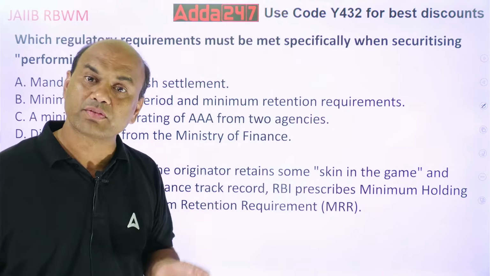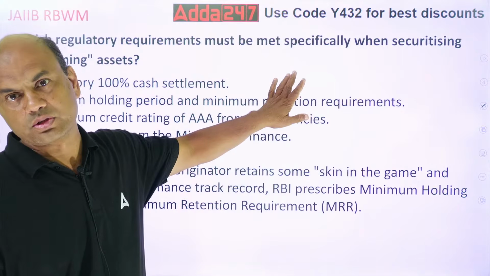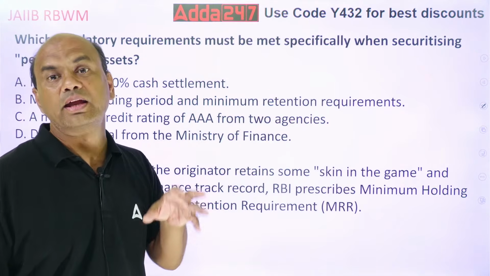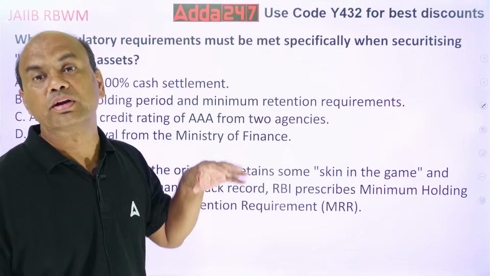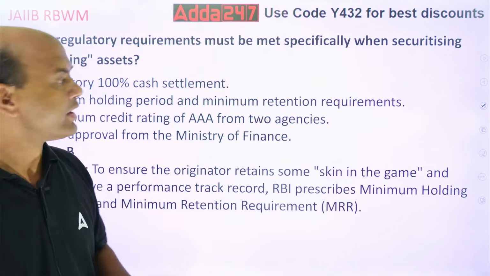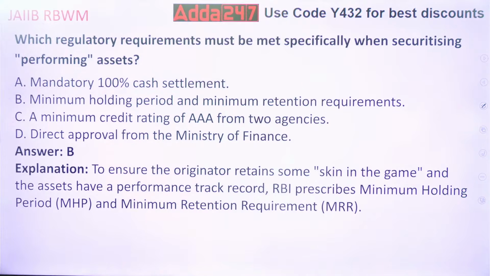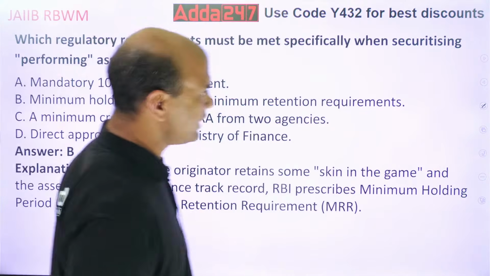That is also given by RBI. If the loan is of, let's say, 10 crores, I should hold 20%. So 80% can be given to the SPV. So this is the requirement: minimum holding period and minimum retention requirements. Got it?